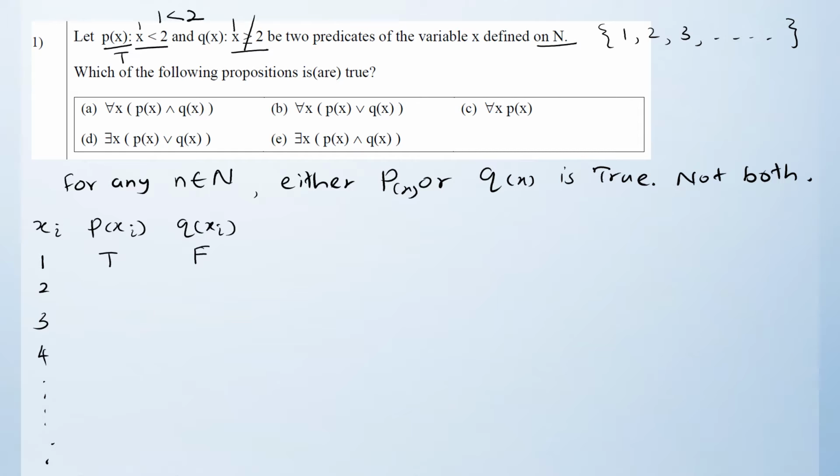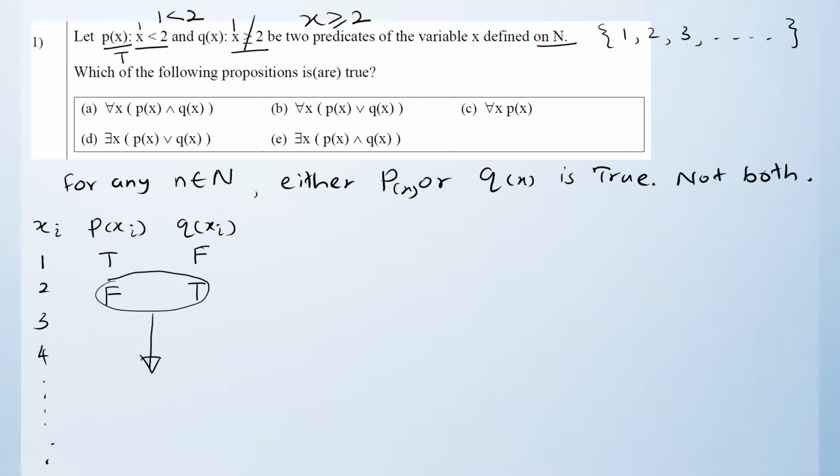As I told you before, one of these two will be true, the other one will be false. When x equals 2, 3 and so on, that value will always be greater than or equal to 2. So for all these cases, after x equals 1, Q is true and P is false. The same combination will be repeated hereafter.